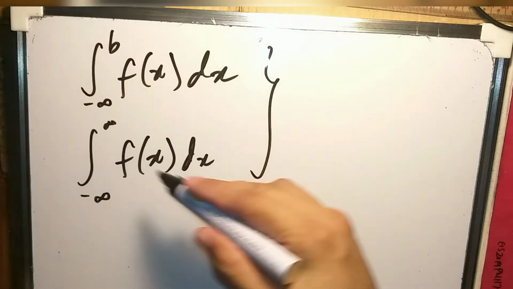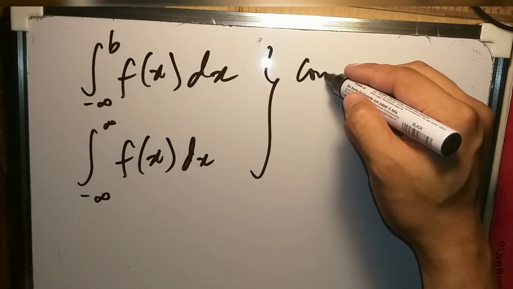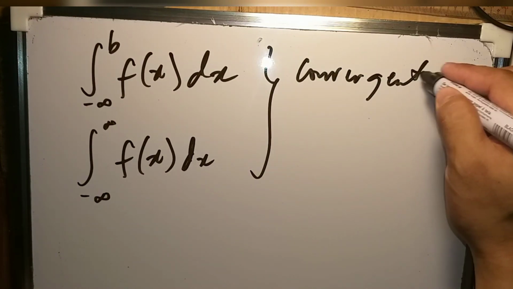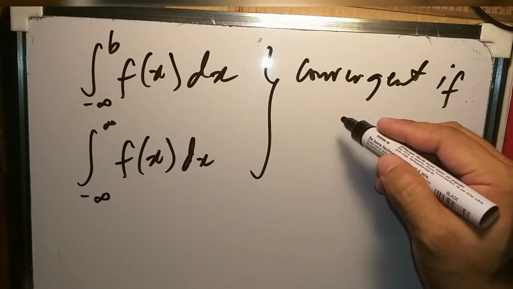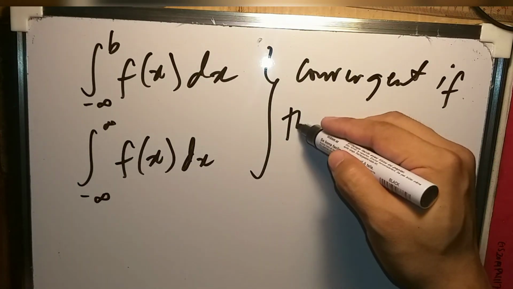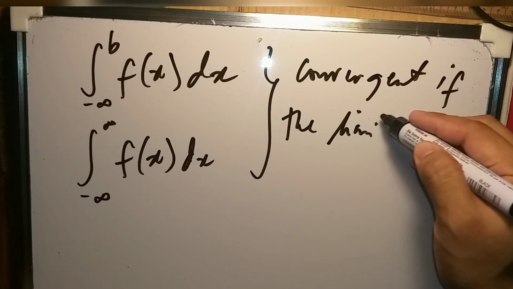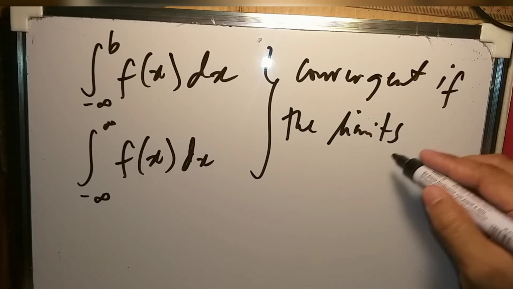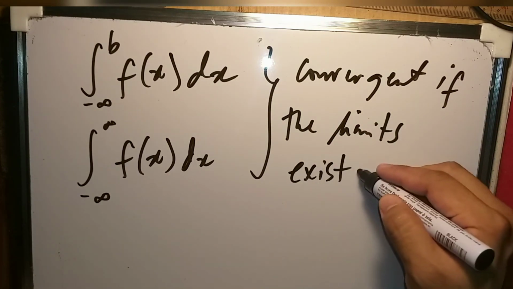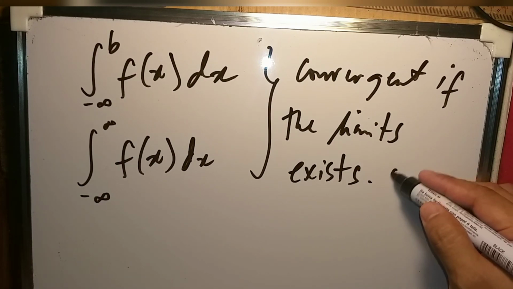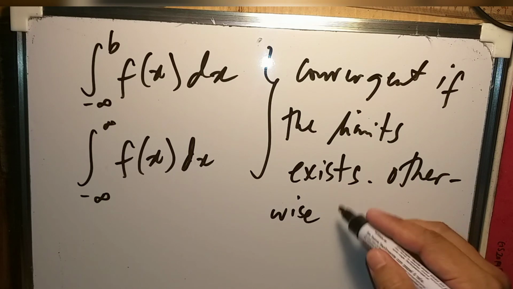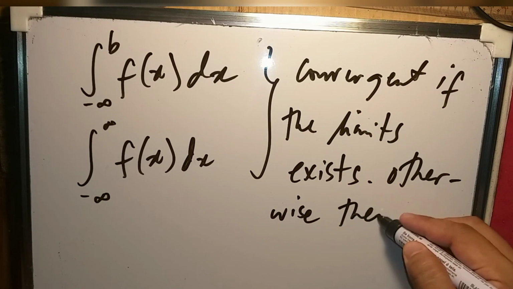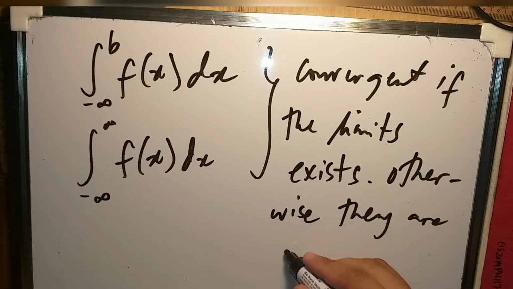They are said to be convergent if their limits exist, and otherwise they are divergent.